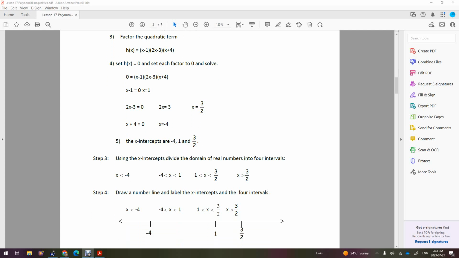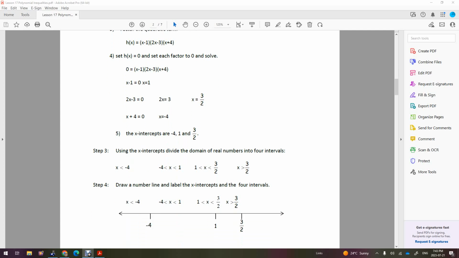Okay, so now what we're going to do is use these values and draw a number line. And you can see where I've placed my lines at the x-intercept values. So at negative 4, at 1, and at 3 over 2. And I've divided this now into 4 regions. Region 1, 2, 3, and 4.